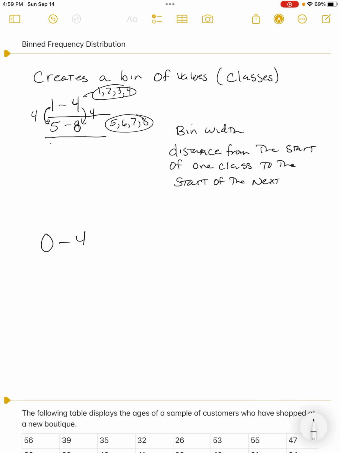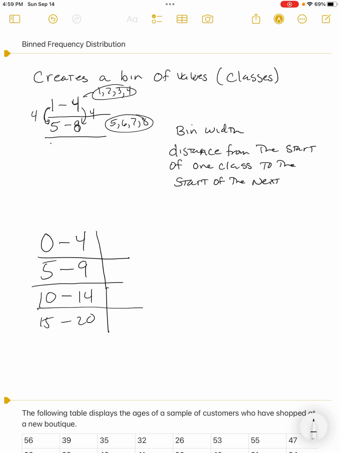So if you had something like 0 to 4, which happens sometimes when we get a 0 in there, then 5 to 9, that would be a bin width of 5. The next would start at 10 and go to 14, then start at 15 and go to 19.